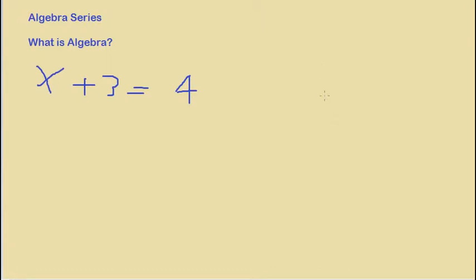And whether it may or may not seem obvious at first, what you have to do is ask yourself, how can I get x by itself? So in this case, you just subtract out 3 from both sides, and that would leave you with x is equal to 1.